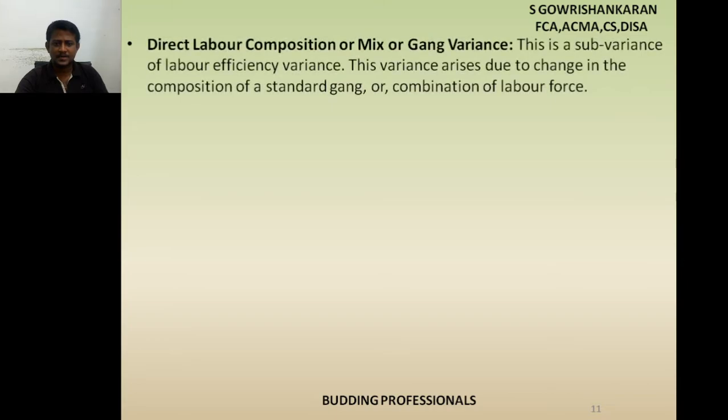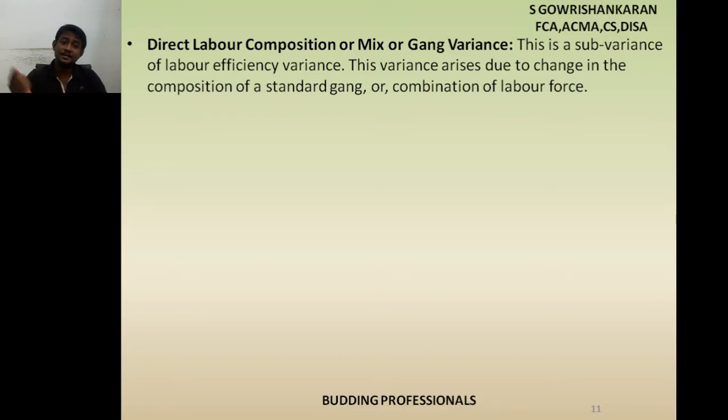So, continuing, labor mix or gang variance. When I deploy different types of labor, like skilled labor, unskilled labor, male or female labor, or A, B, C, D different types of labor, this mix variance will come. Similar to material mix variance, here it is labor mix, labor composition or gang variance.